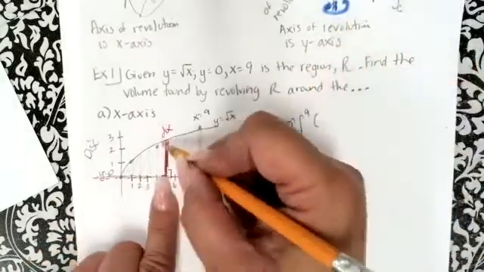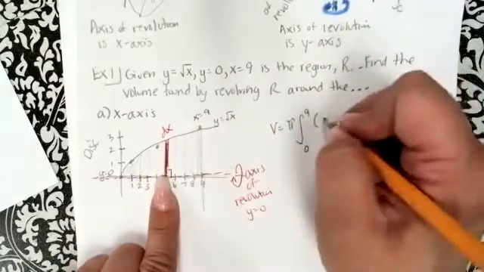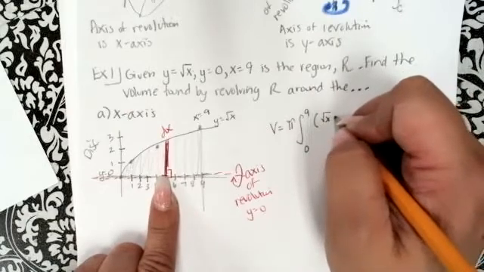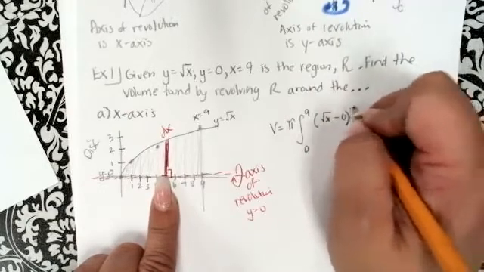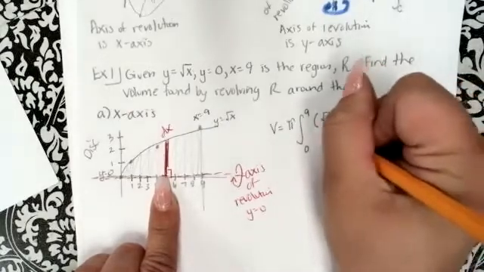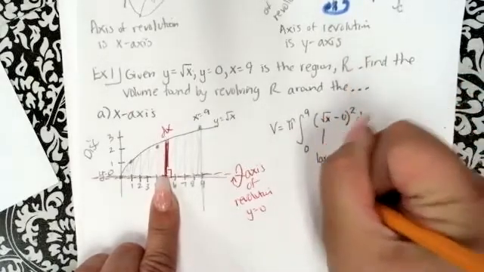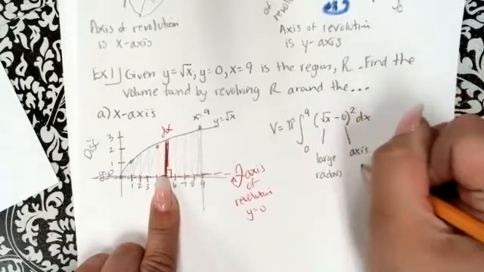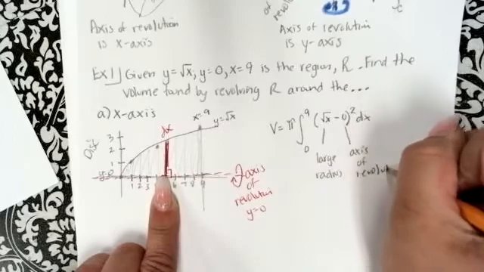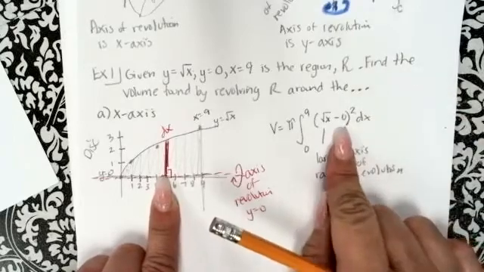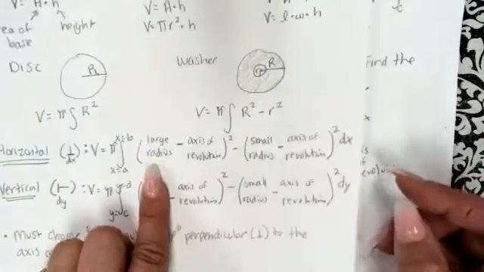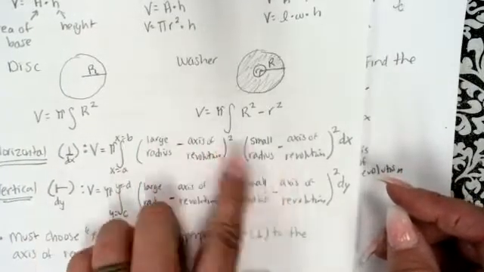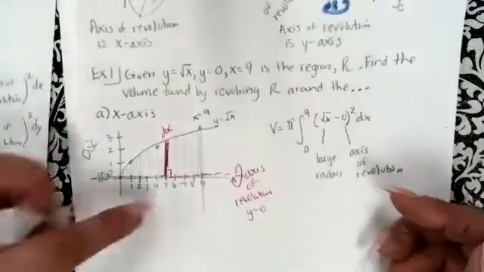And now the big radius is going to be the square root of x, and then minus 0 here. So this is the large radius. That is the axis of revolution. If you know it's 0, you don't even need to put 0. Because remember, it's going to be the radius minus axis of revolution and then a square on the outside. I don't have to worry about 2 of them because I only have 1 radius.